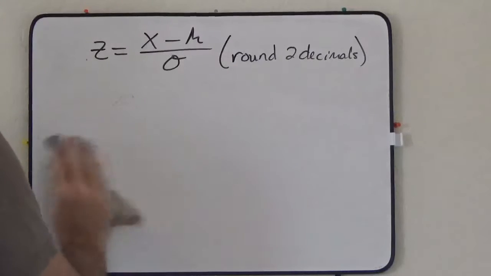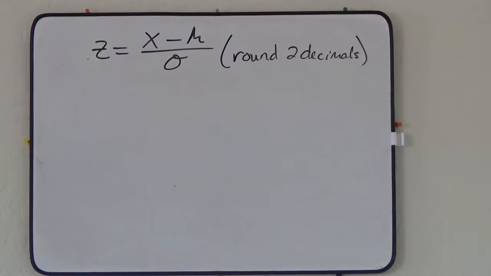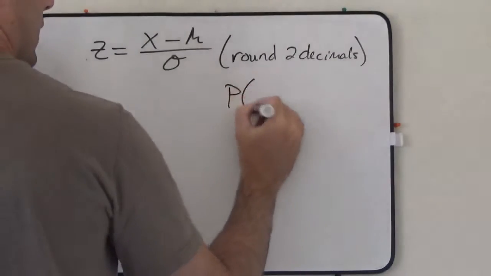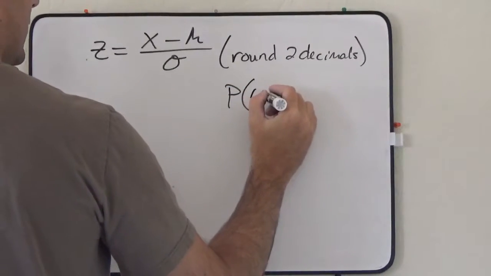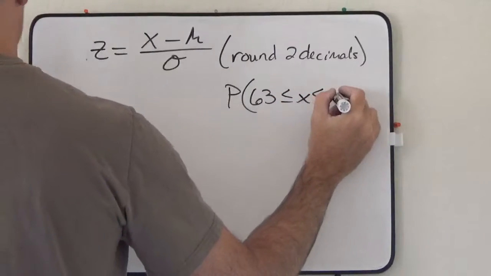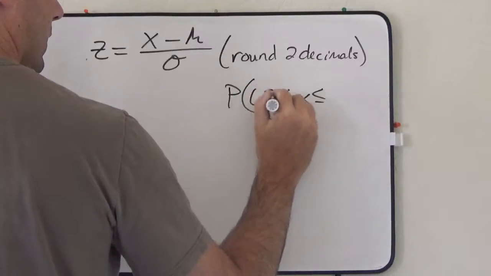Next, we have a lot of problems with height here. British Airways requires cabin crew to have a height between 62 inches and 73 inches. So basically, guys, the probability we're going to look for here is that they are between 62 inches and 73 inches.